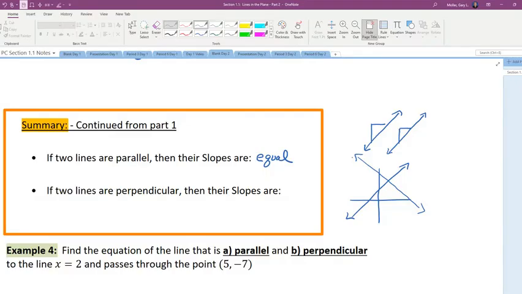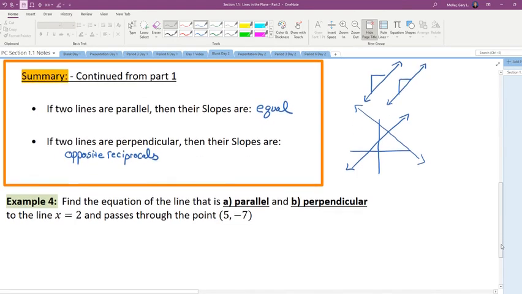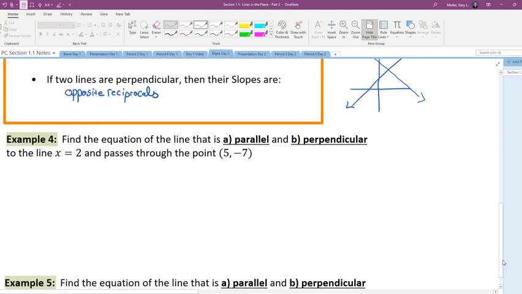So if 2 lines are perpendicular, then the slopes are opposite or negative reciprocals. I can do my math neat. I cannot write neat. I have bad handwriting. All right, opposite reciprocals.